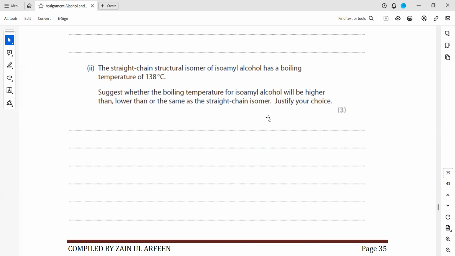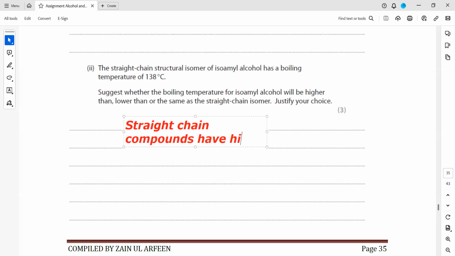The branches reduce the surface area and weaken the van der Waals forces. So straight chain compounds have a high boiling point.